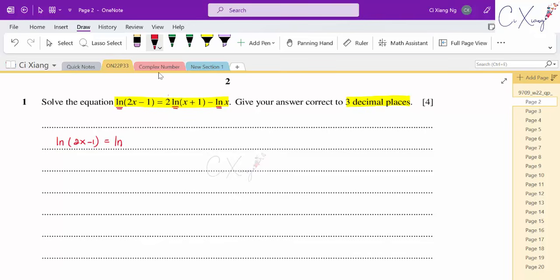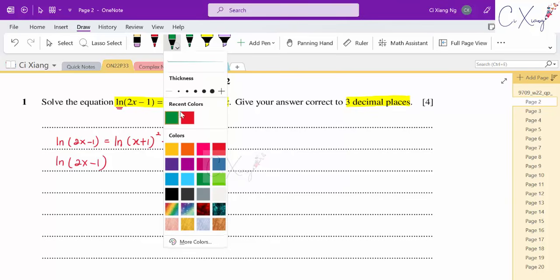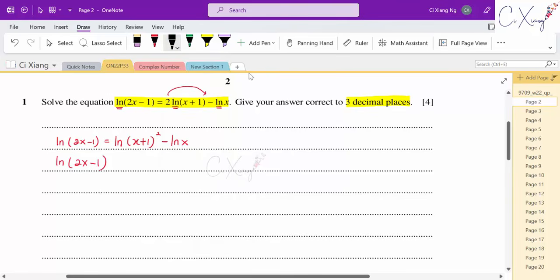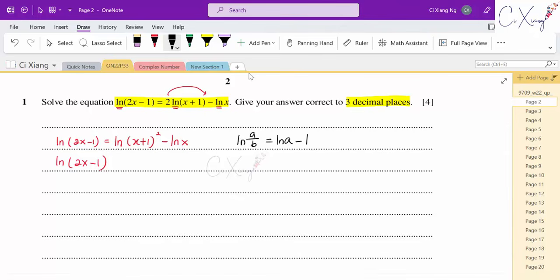The first step is the constant in front of ln, I will pull it back to become the power. So I will have x plus 1 squared, then minus ln x, and after that I want to apply the property for the ln function, where if we have ln A over B, I can write it as ln A minus ln B.